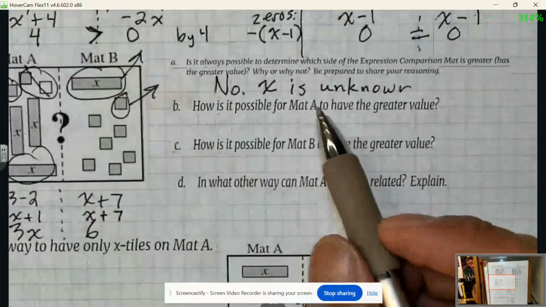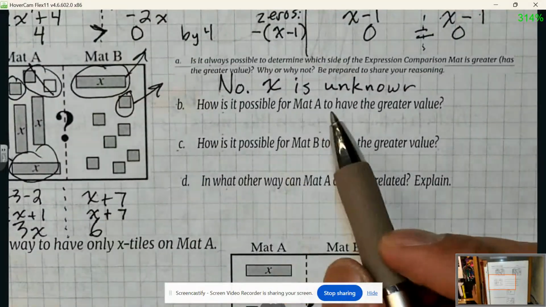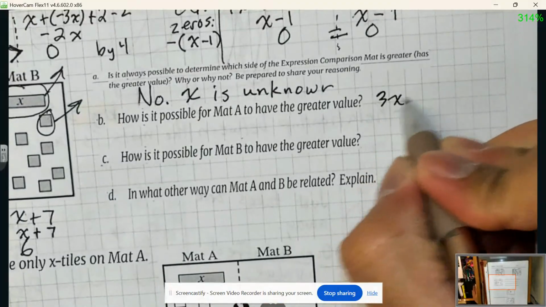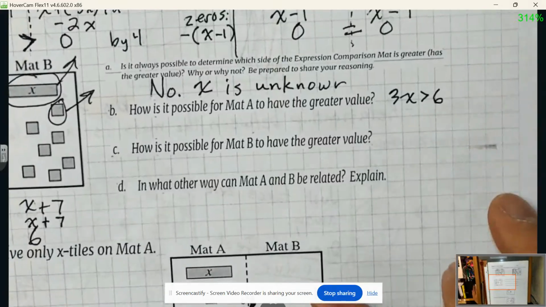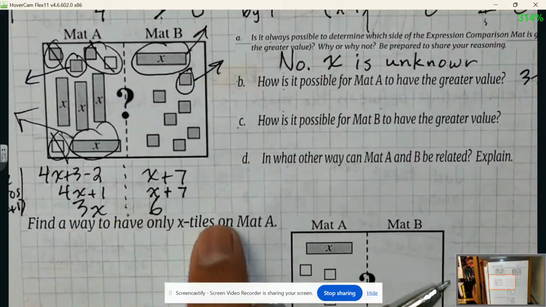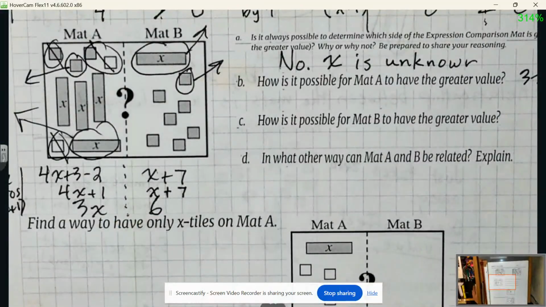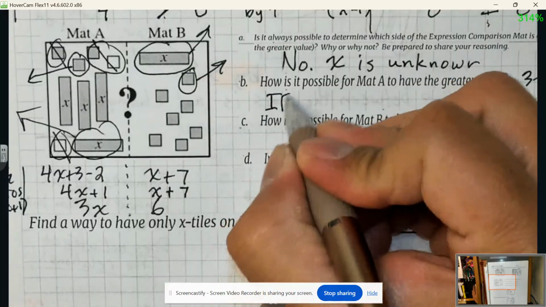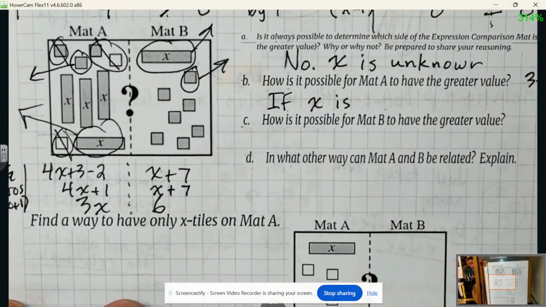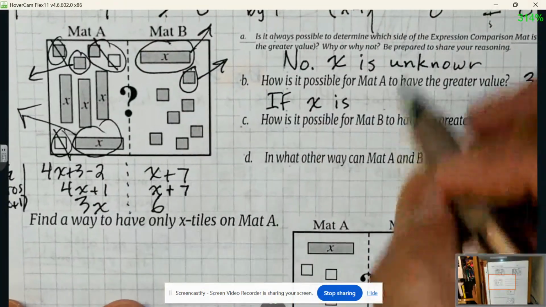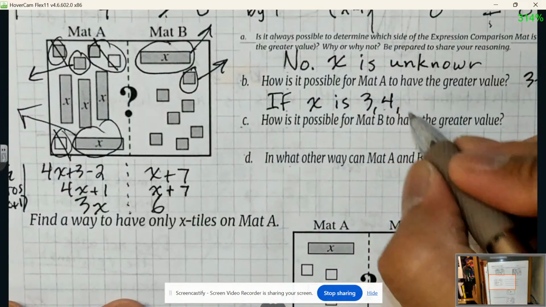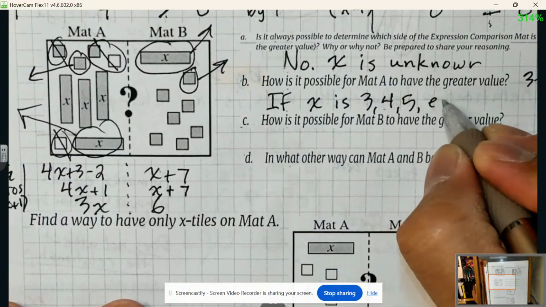Now, let's pretend that mat A has a greater value. So we're pretending that 3x is greater than 6. Now, if that was true, what would x be equal to make that true? Possible values would be 3, 4, 5, and so on.